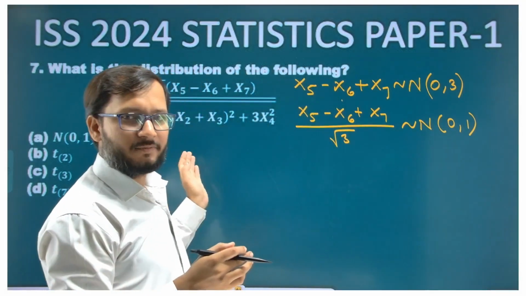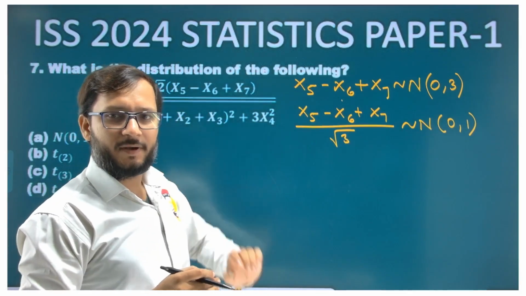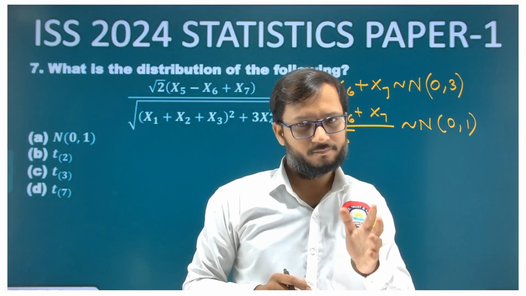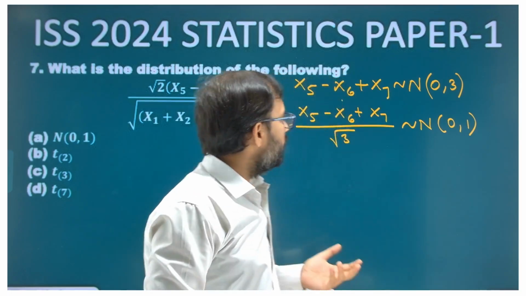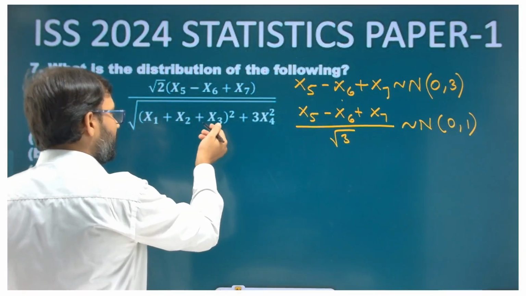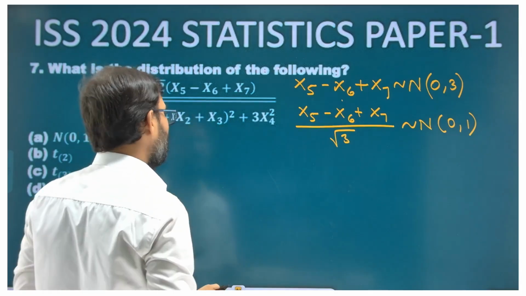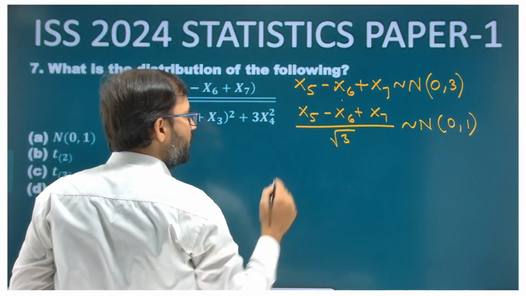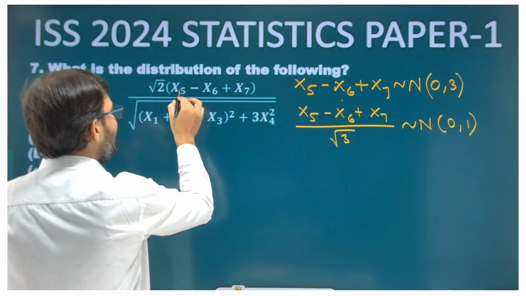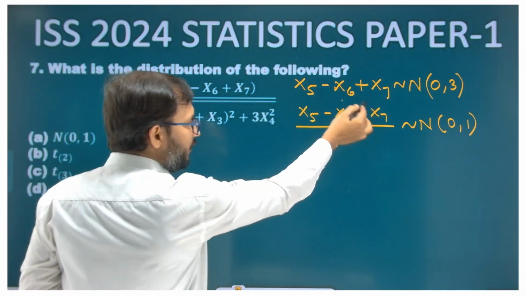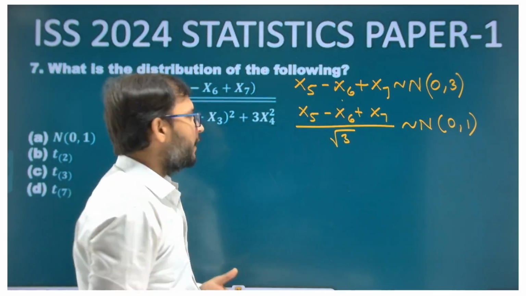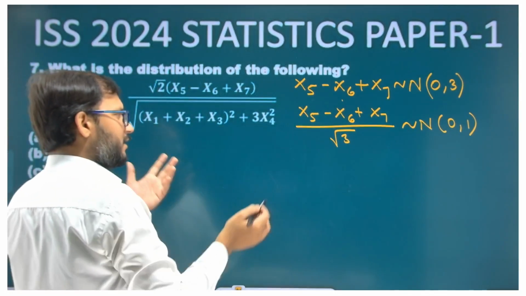So obviously x1, x2, x3, x4 will be independent of x5, x6 and x7. It seems easy. So now let me just see the denominator. So this is following normal 0, 1. Actually it has been written just this, but this should be written in the numerator. So now let me see what adjustments are done.